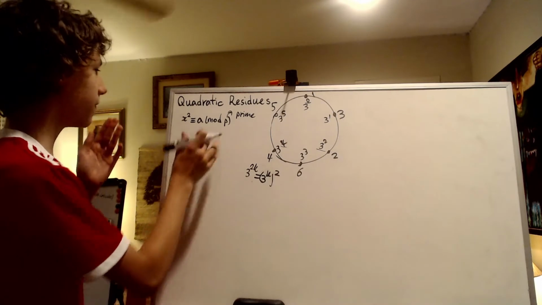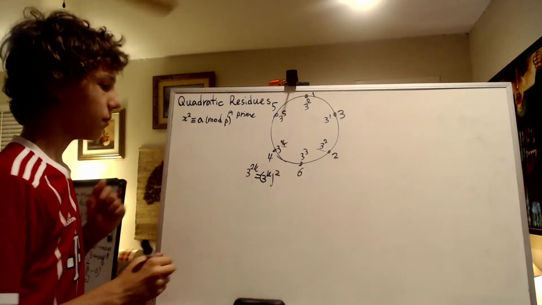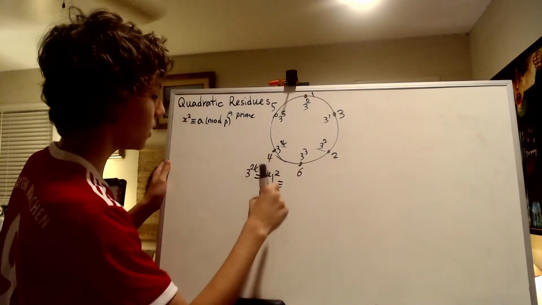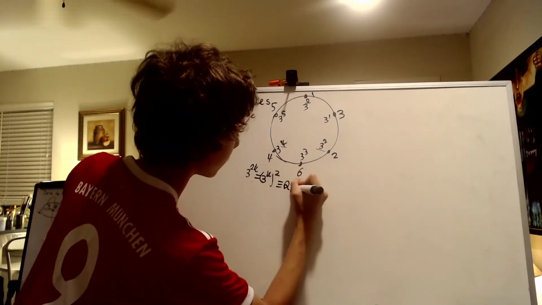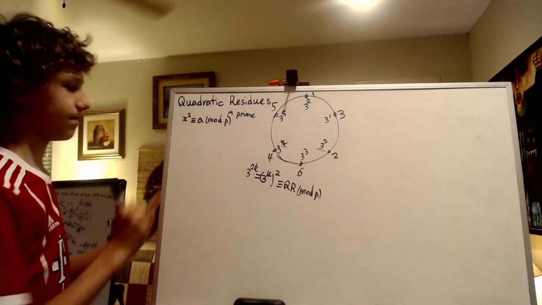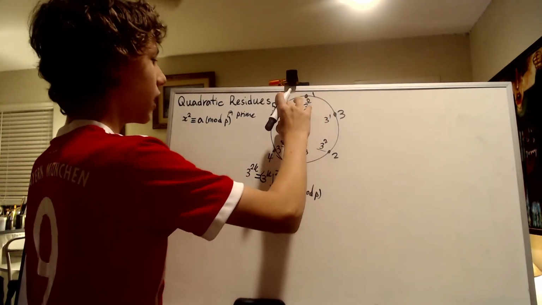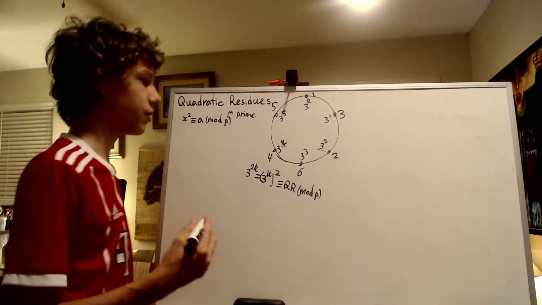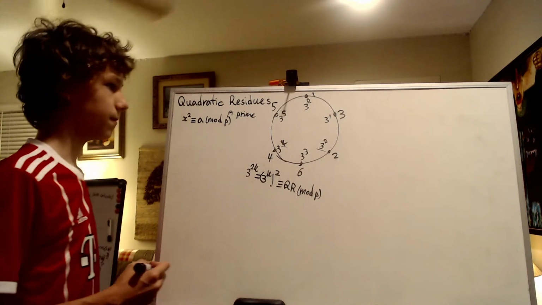And therefore, this fits the definition of quadratic residue, because if we reduce this mod P, we'll get some quadratic residue mod P by this definition. Therefore, all of the even powers of our primitive root are clearly going to be quadratic residues.